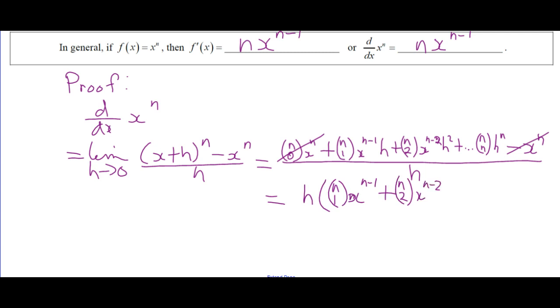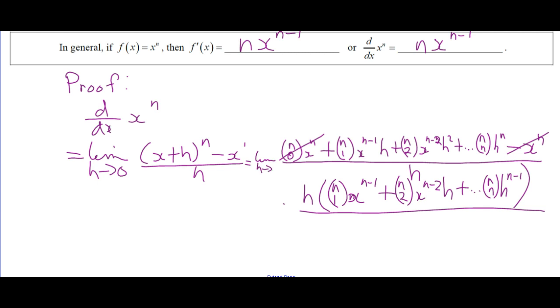And we're just going to drop the power on this, right, because we factored out an h. So this will be an h. Dot, dot, dot, n choose n, h to the n minus 1 over h equals the limit as h approaches 0.